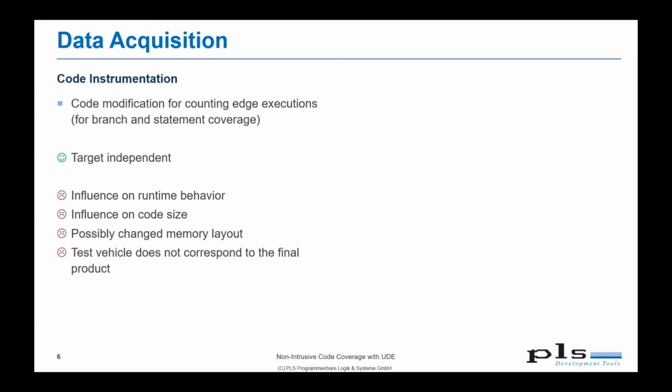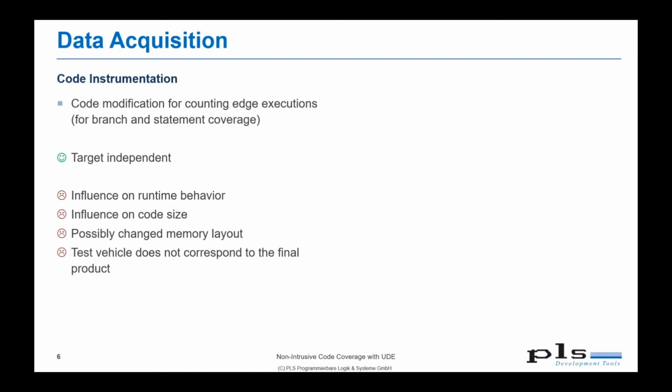You have a changed runtime behavior, obviously due to the additional code that you get with the instrumentation. You get maybe a changed code size as well due to the instrumentation, and possibly a different memory layout because the collected data, the counters for the edges, for example, need space in the target memory.